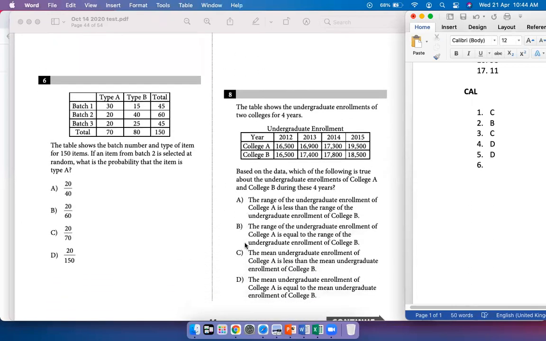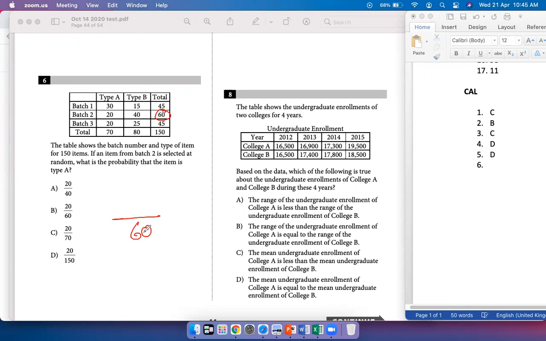Number 6, the table shows the batch number and type of item for 150 items. If an item from batch 2 is selected at random, what is the probability that the item is type A? In a probability question, my denominator is determined by all possible values. So an item from batch 2. Batch 2, the total number of items is 60.